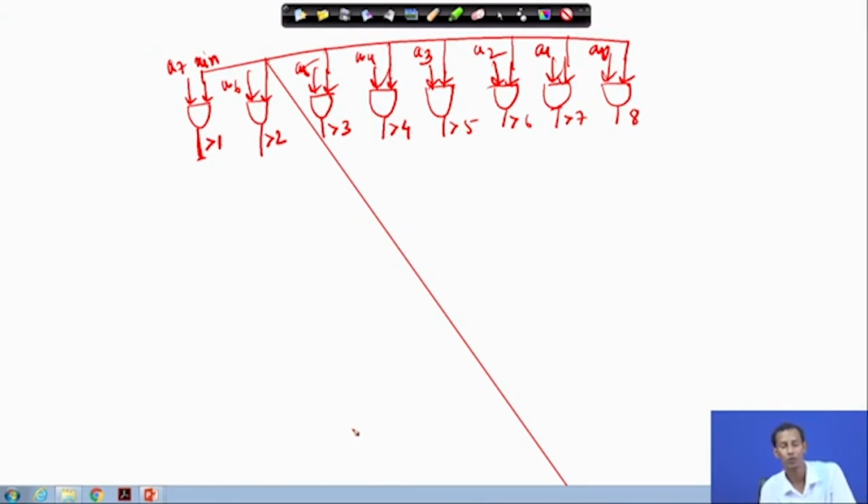Why? Because what I am doing, whenever I am doing A7 into xin plus divide by 2, divide by 2 means right shift, and right shift means discard the LSB. Left shift means increasing the power, that means multiplying with 2; right shift means divide by 2.